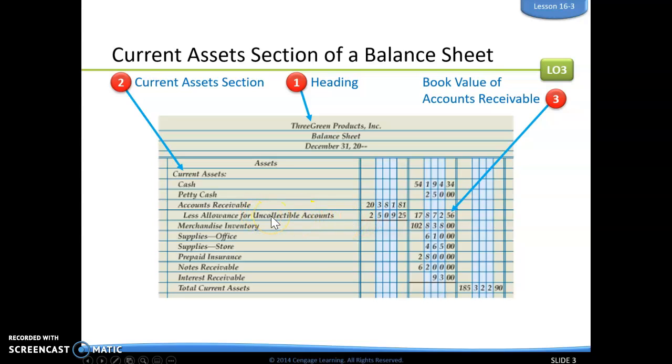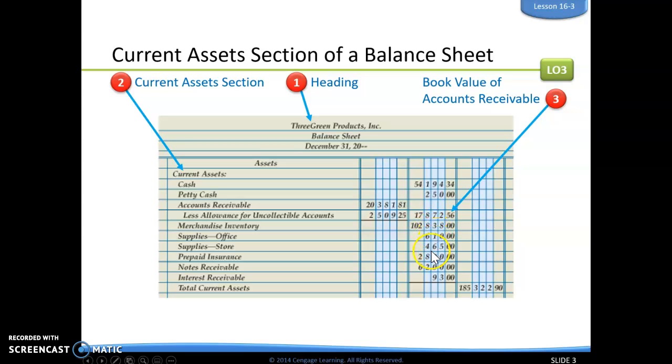This allowance for uncollectible accounts is a contra account to accounts receivable. Now, hopefully you remember that a contra account means that it's the opposite of that asset account, accounts receivable. It is going to decrease accounts receivable. So that is why we are taking accounts receivable minus that allowance for uncollectible to get that balance. This then is our book value of accounts receivable.